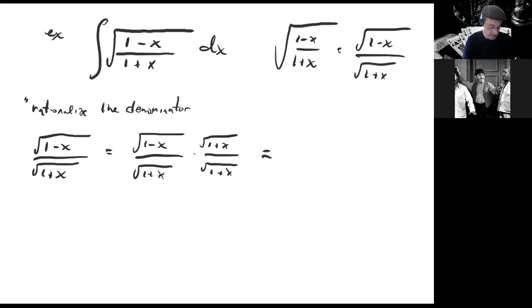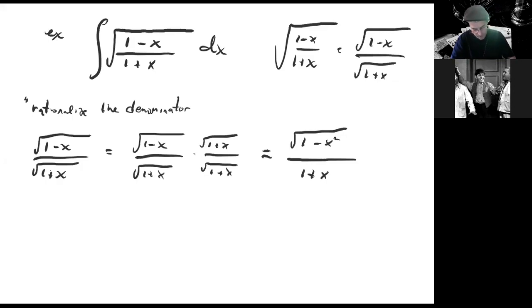The numerator becomes the square root of 1 minus x squared, and the denominator becomes 1 plus x. Okay. So I don't know what this buys us actually. Let me go back and try something else.